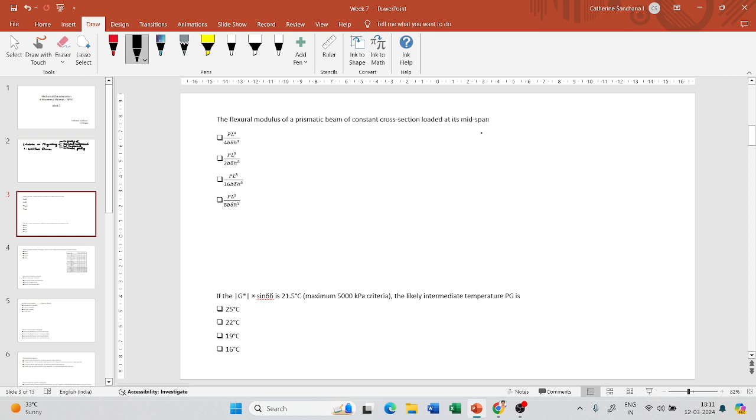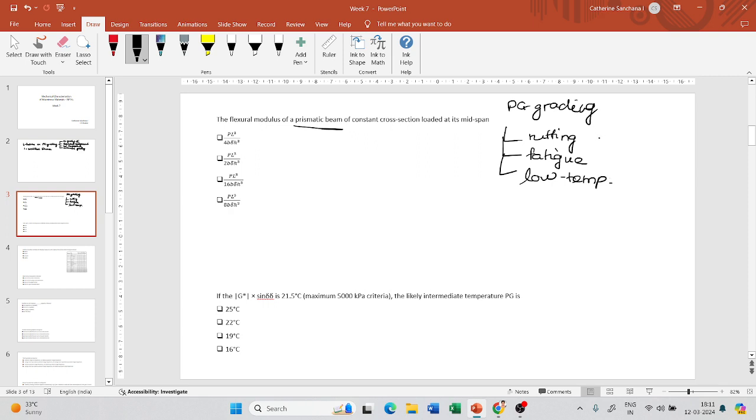So this is for a prismatic beam. Now you know that for PG grading of bitumen, the following samples are used. For PG grading you have 3 distresses: rutting, fatigue, and low temperature cracking.